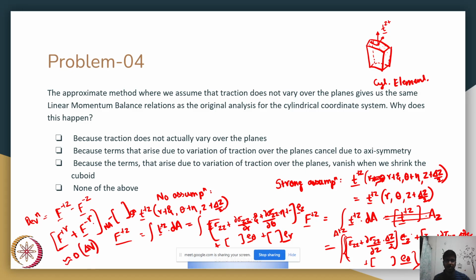This means that the term for no assumption is the same as the term for the strong assumption plus some term which vanishes rapidly, going to 0 as delta v goes to 0.